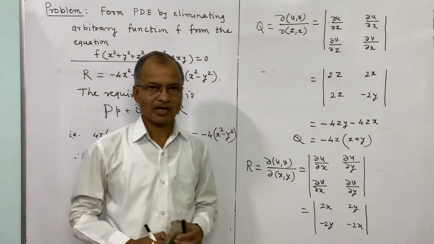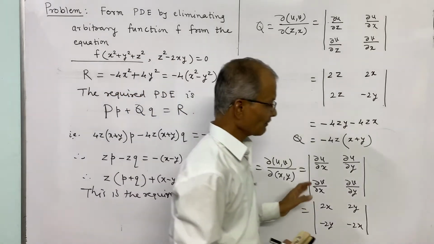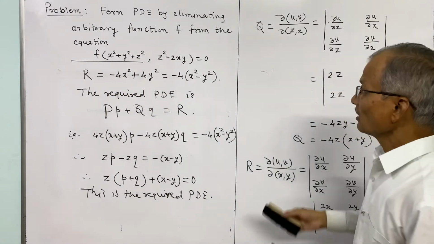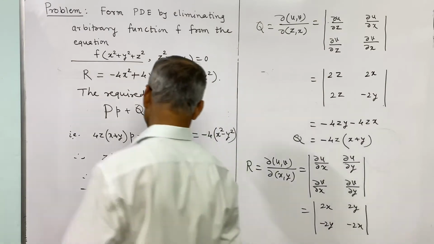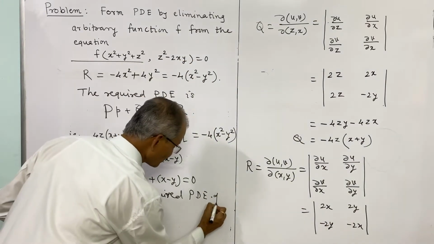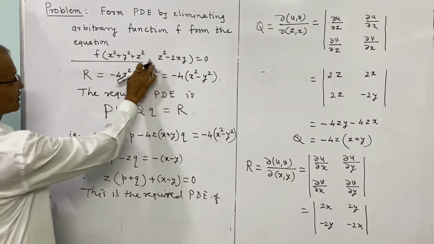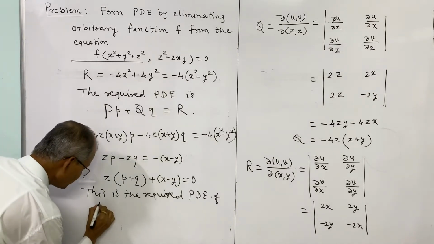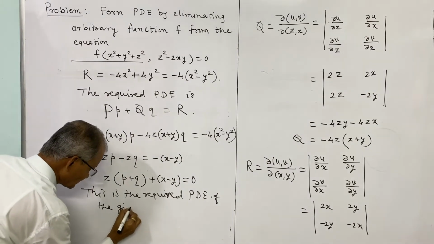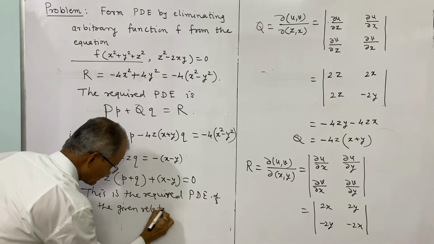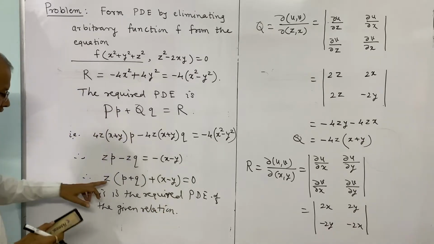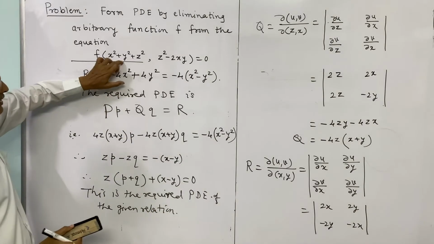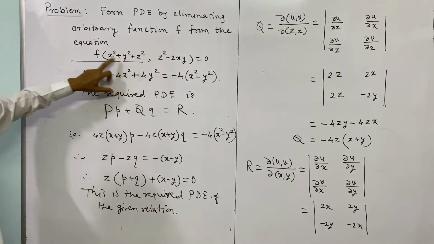So in this way we can use the method of elimination of arbitrary function to obtain a partial differential equation. This is the required PDE of relation 1, the given relation. So this is the partial differential equation of this equation, and here f is there.